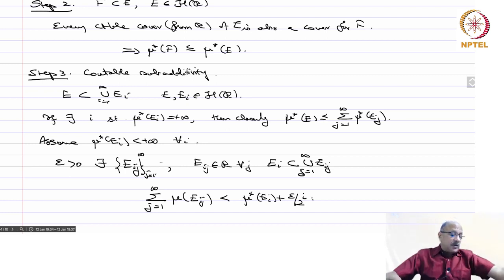I am going to write epsilon by 2 power i. This is just the definition of the infimum.